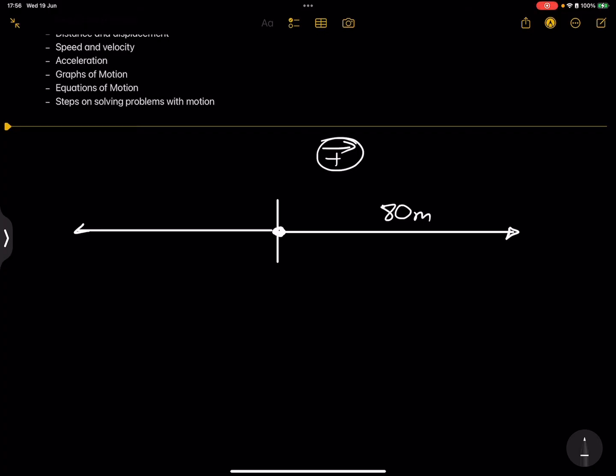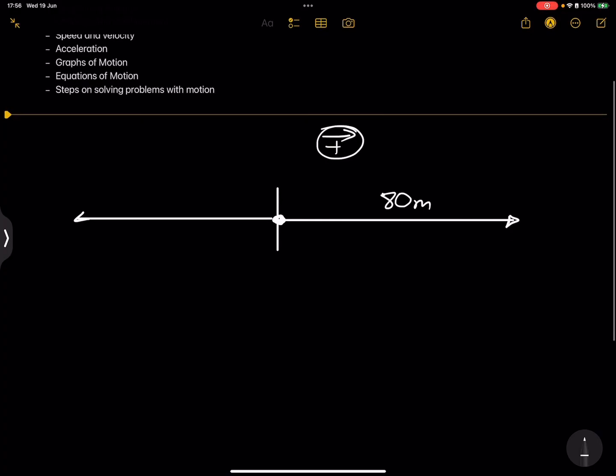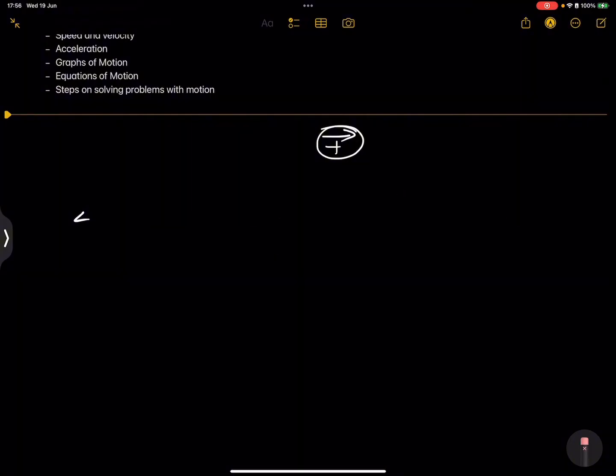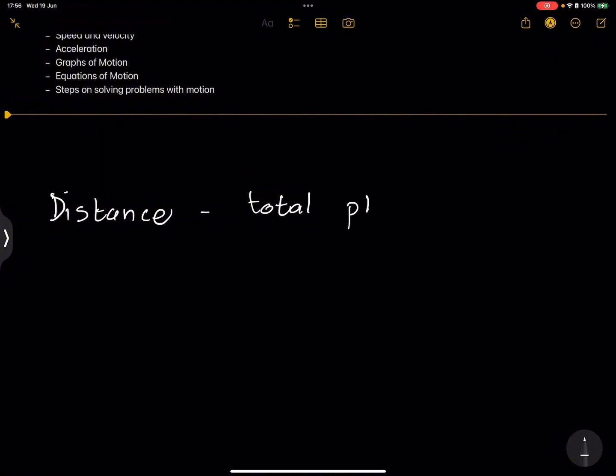Okay, so I'm going to talk about the difference now between distance and displacement. Now, ladies and gents, I want you to stay with me just a little bit. When we talk about distance, distance is simply the total path length that is traveled.